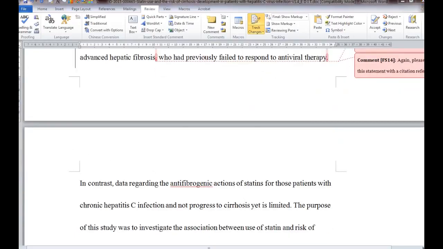This one directly refers to a study, so I'm going to add another reminder, and I'm going to specify why. Okay, again, please support the statement. Now, I like to use the word again. I don't want the author to think that I'm not paying attention to what I'm doing or that I'm insulting his or her intelligence.